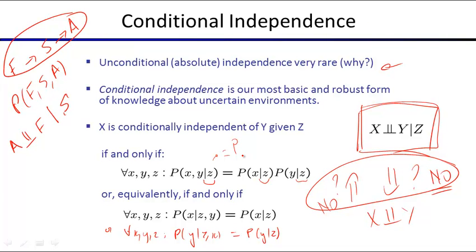So we apply this equation here, but we put a bar z in there everywhere, so this is equal to P(x | y, z), because that's what we're carrying around, times the probability of y, and again bar z because that's what we've been carrying around. That's always true.